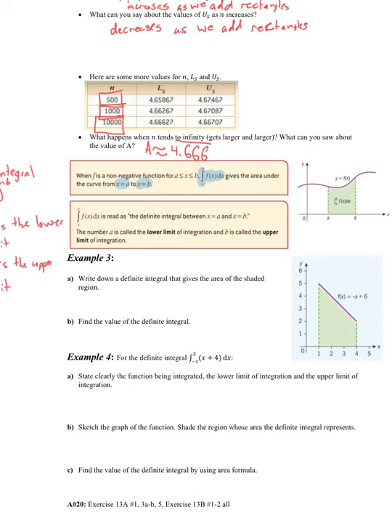It says write down a definite integral that gives the area of the shaded region. So we'll write down the function given to us as negative x plus 6. So we can write down the integral, the lower bound is going to be 1 and the upper bound is going to be 4.